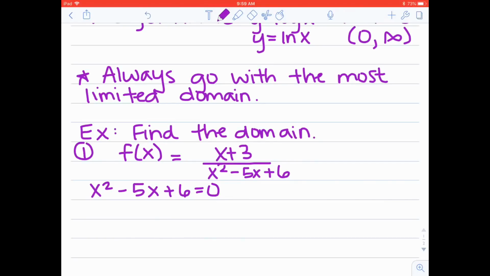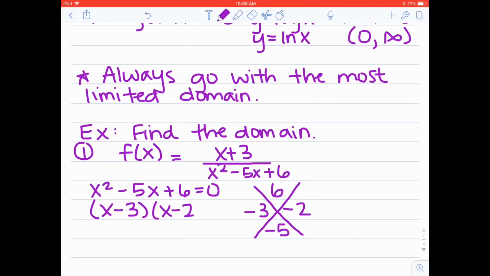So to solve this, it's a quadratic. I need to factor it. I'm going to look for 2 numbers that multiply to 6 but add to -5. So those 2 numbers would be -3 and -2. So I have x minus 3, x minus 2 as my factors.